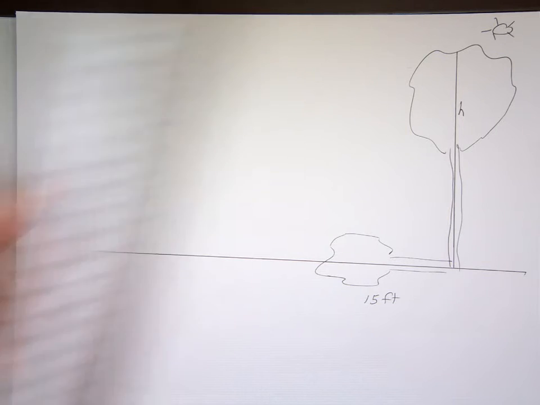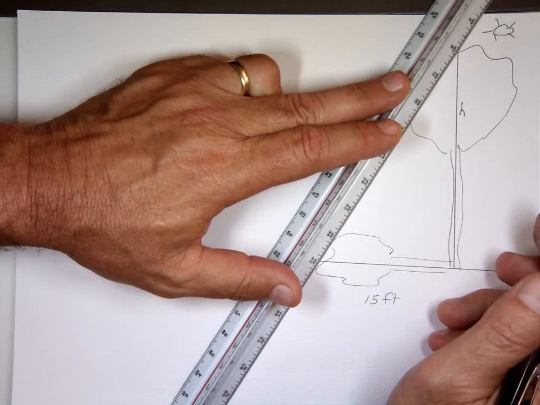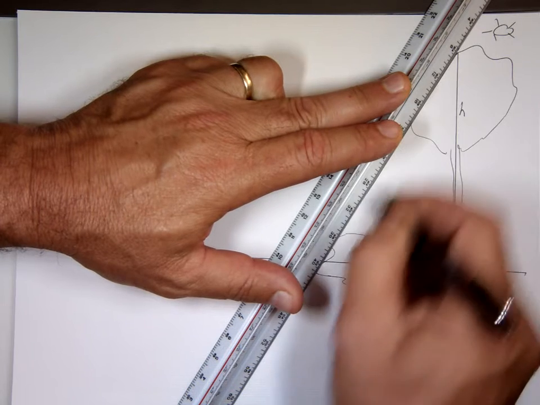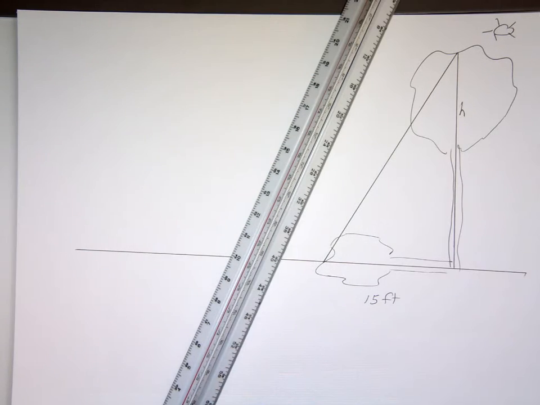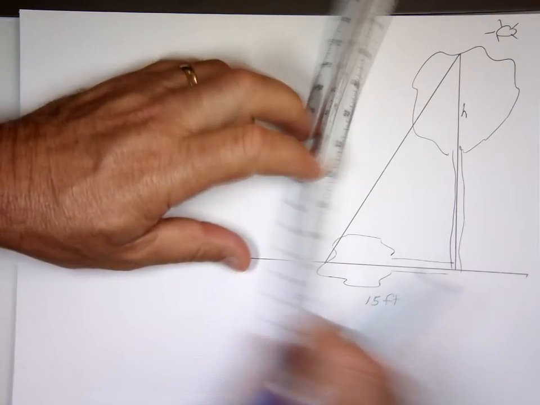Someone said, make a triangle. So there's my triangle. Still not helping me. So my triangle for that tree looks like this. I'll make it bigger now.